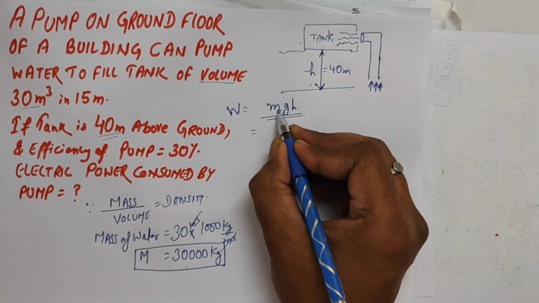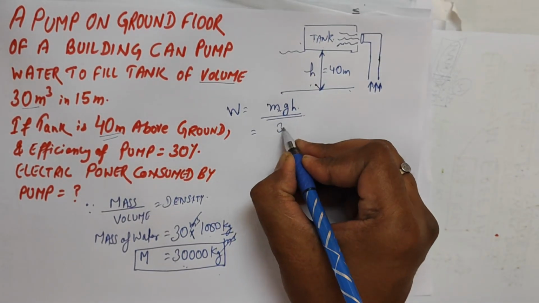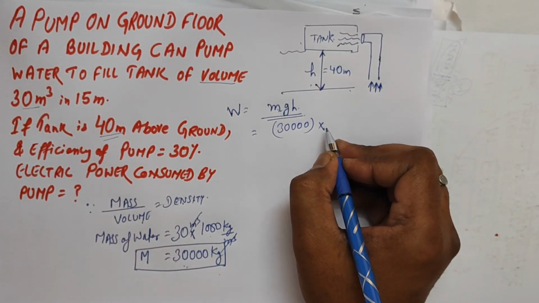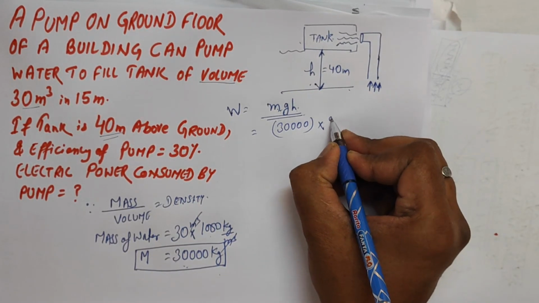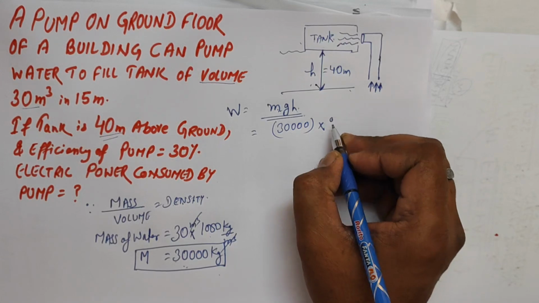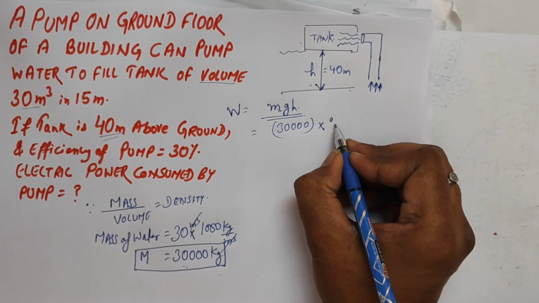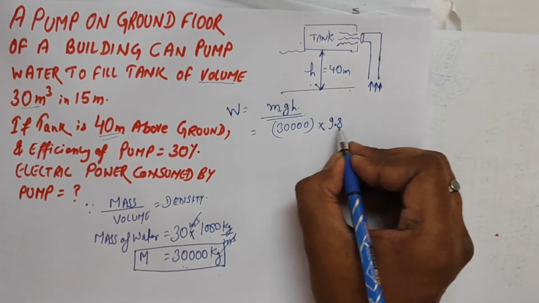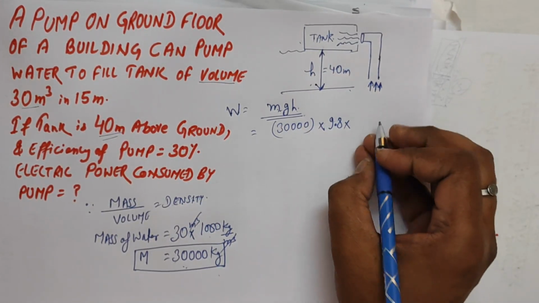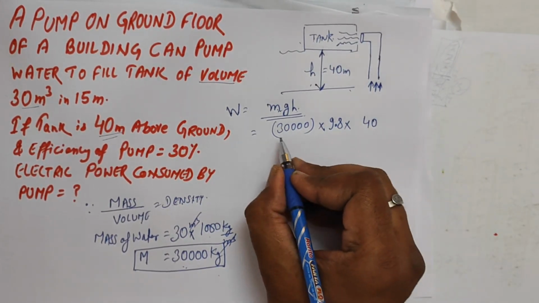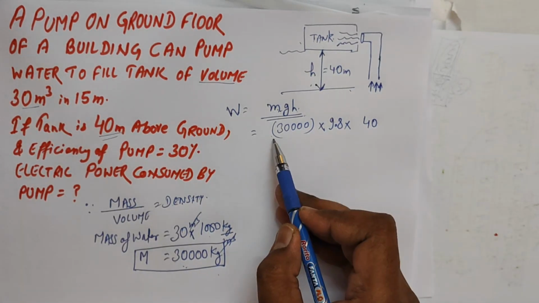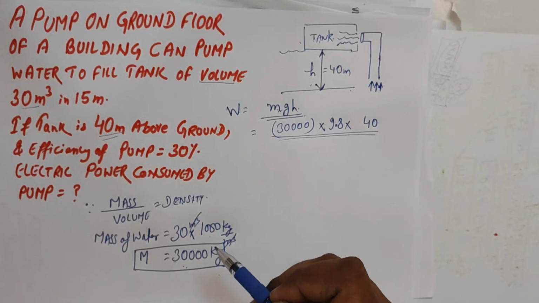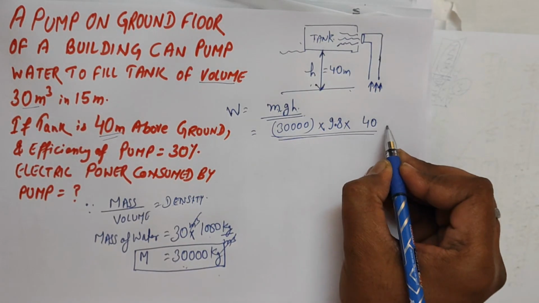So work done can be calculated as m, put m as 30,000, into g, take the value of g as, let's say, 10 or 9.8, into height. What is the height? That is 40. This is the work done which is calculated. Now, this will be in joule.